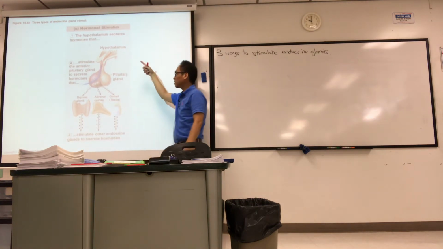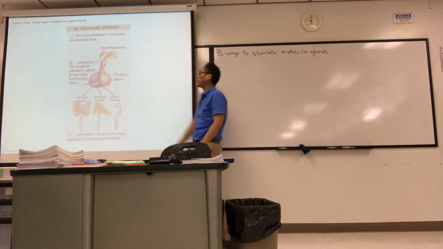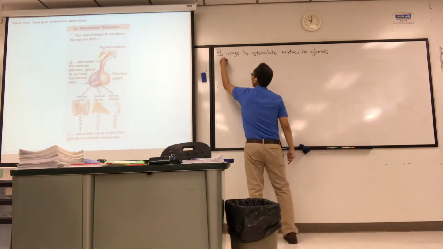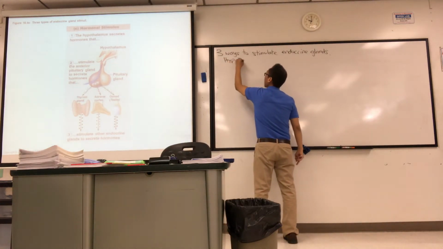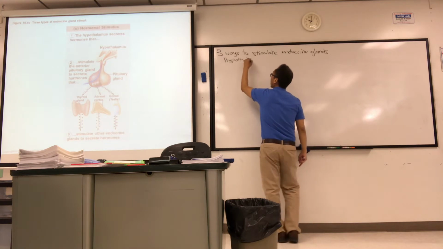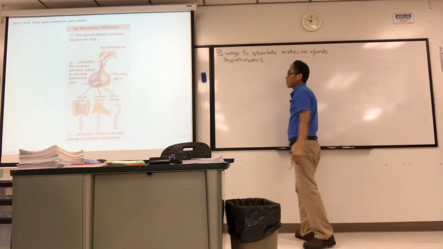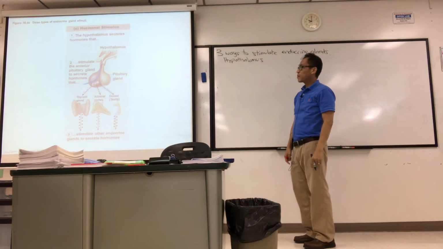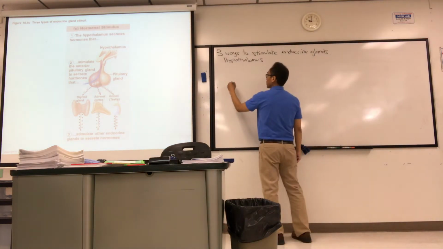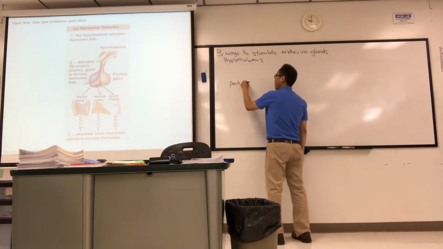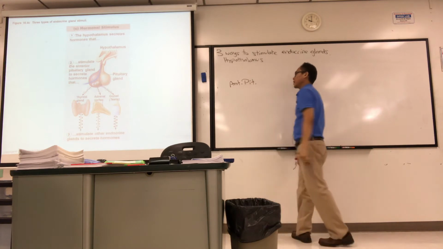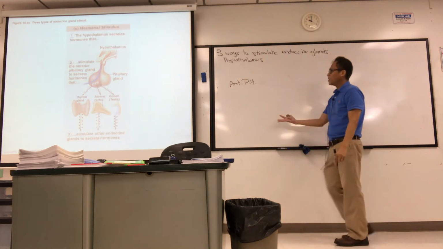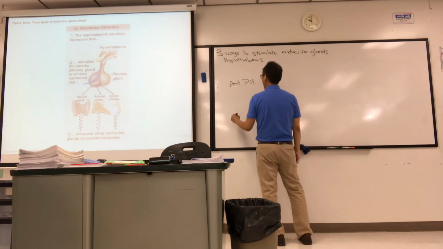So hypothalamus, anterior pituitary, another gland. Hypothalamus, part of your nervous system structure there. Right below that, I'll put ANT-PIT for short. Anterior pituitary, and there may be some other gland below that.